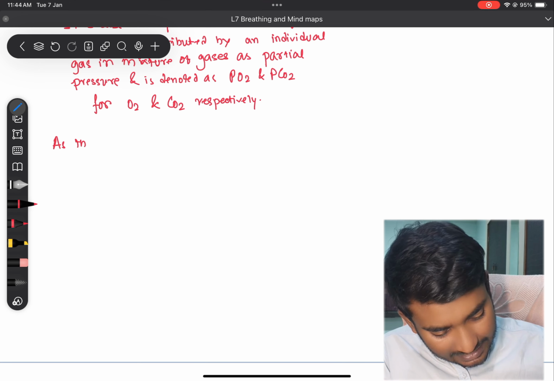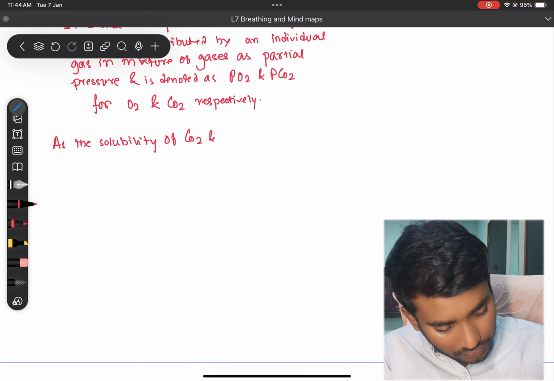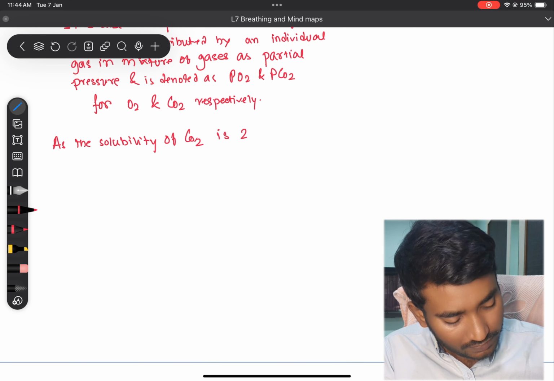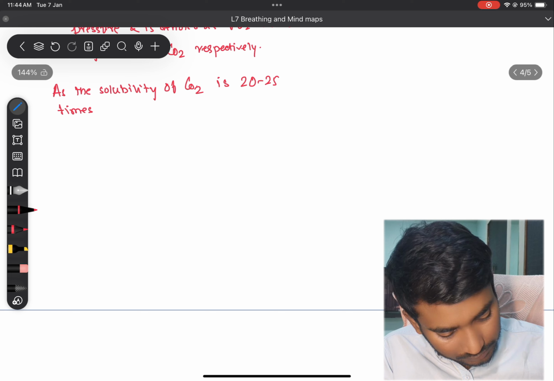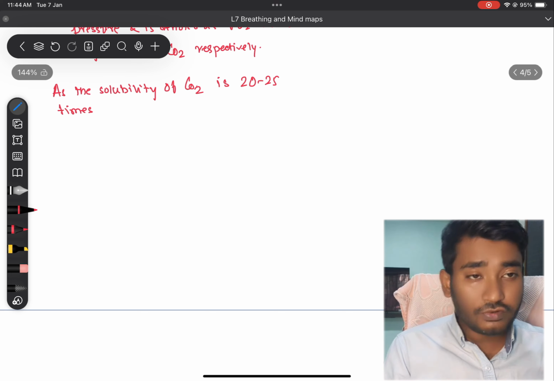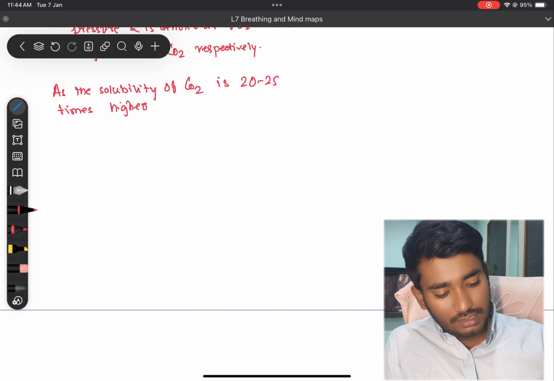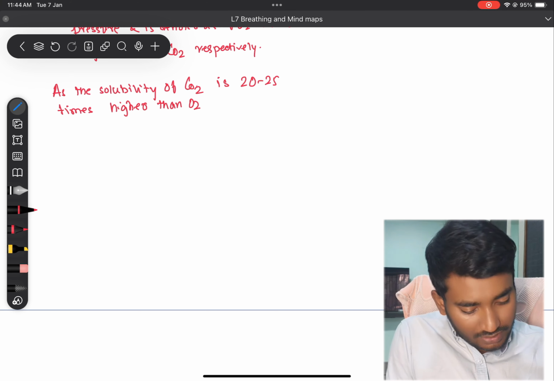The third point is the solubility of CO2 is 20 to 25 times higher than oxygen. What happens?